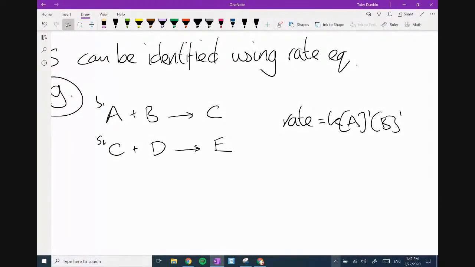Of course it is. What we see over here is that this tells us that that's my RDS. And why does it do that?